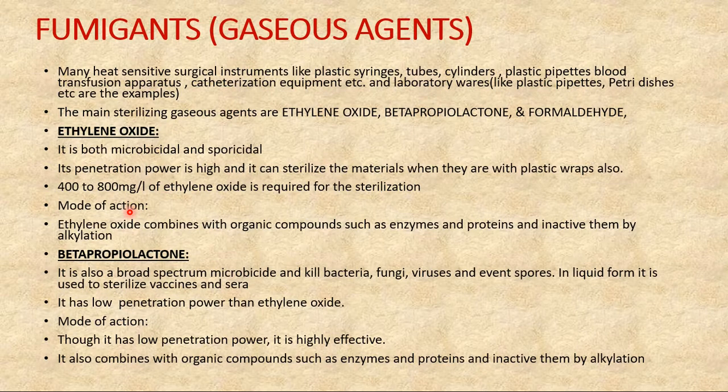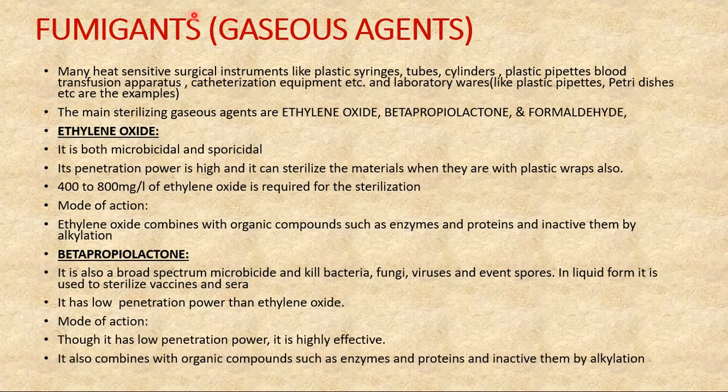Okay, then moving to the next type of fumigant or gaseous agent, which is beta propiolactone. This is also a broad spectrum microbicide and kills bacteria, fungi, viruses, and even the spores also. In liquid form, it is used to sterilize vaccines and sera also.